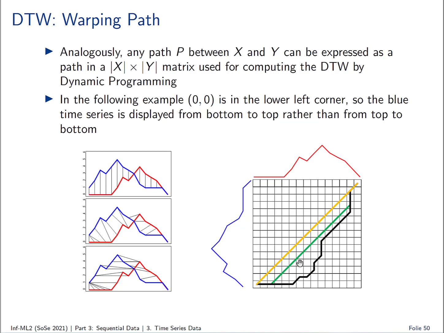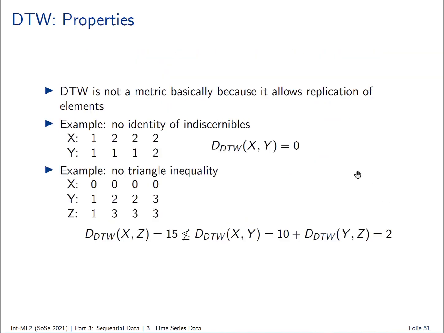And we use dynamic programming again to compute this cost optimal alignment path, the warping path, basically. We don't go into details here because it's exactly the same as before. Just so that you know some properties: dynamic time warping is usually not a metric. We discussed whether or not this is really important already a couple of times.